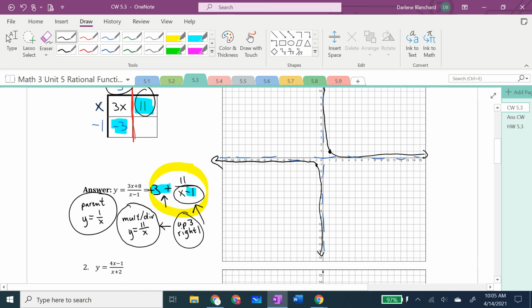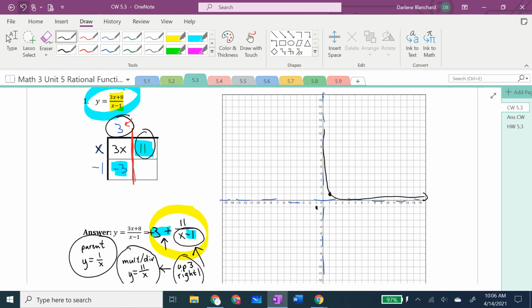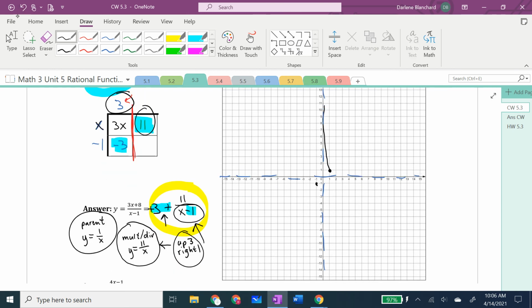So this is your parent graph, but you don't have to draw this. What you do want to do is plot the points and draw the asymptotes. So I'm going to back up and just the plotted points.